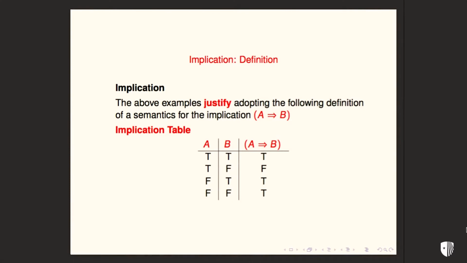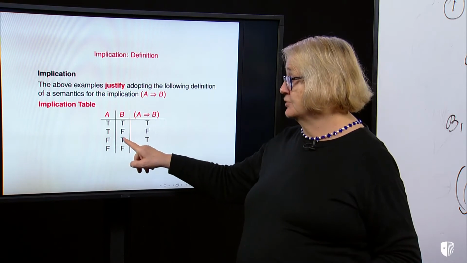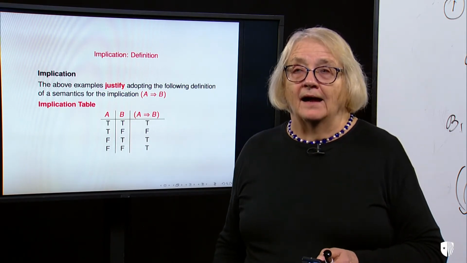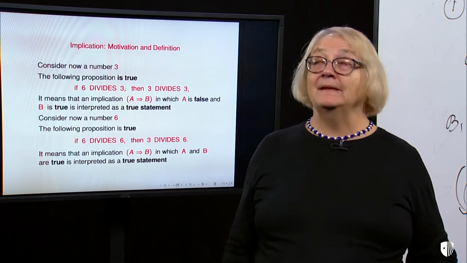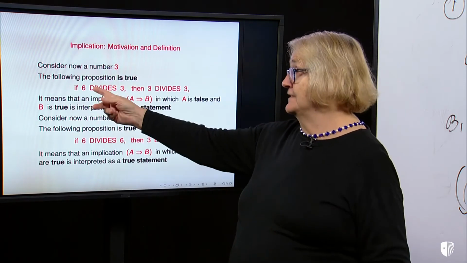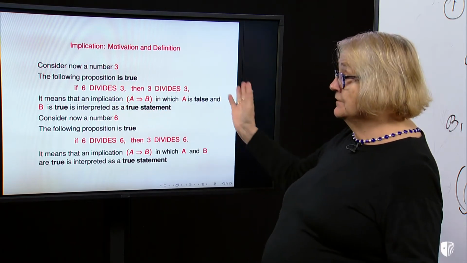Now let's justify that in mathematics, false implies true is also true. In our theorem, let's consider the number 3. What we get is: if 6 divides 3, then 3 divides 3.